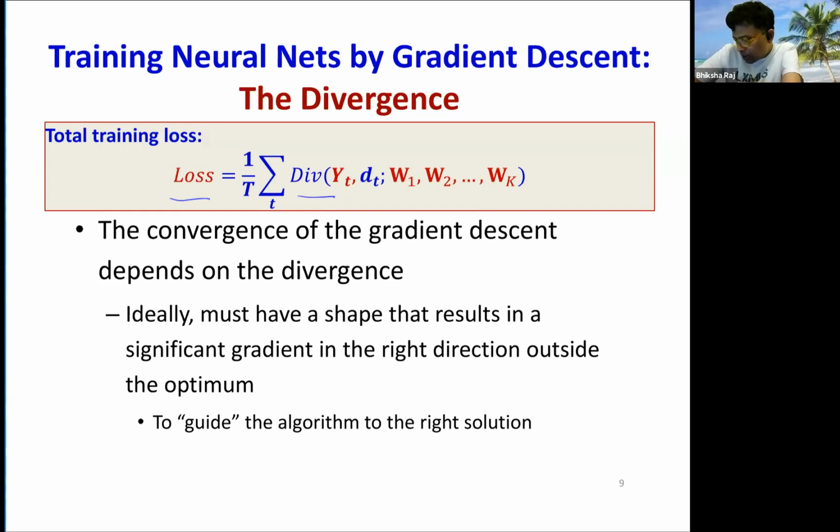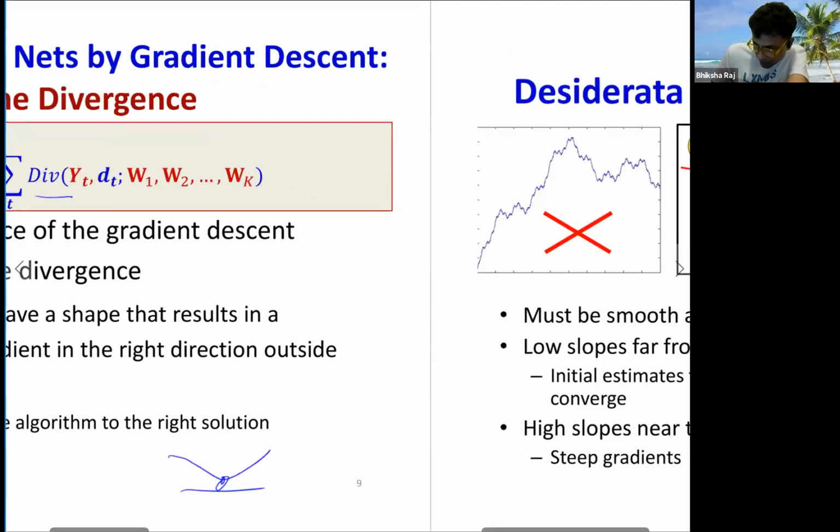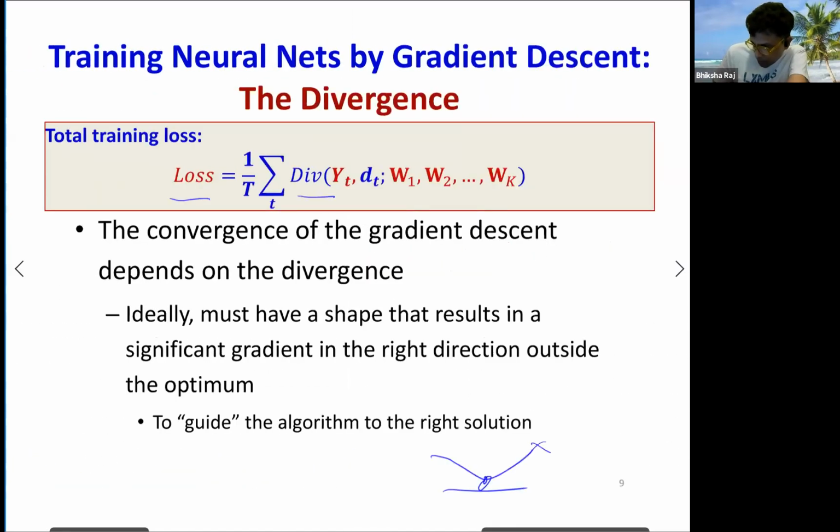However, the convergence of the gradient descent algorithm depends on other properties of the divergence, how it behaves away from the minimum. Your divergence function is typically going to have some minimum. We want to get here, but how fast your training converges is going to depend on the behavior of the divergence away from the minimum, because this is where you're going to initialize from, and this is where you're going to travel to the minimum from.